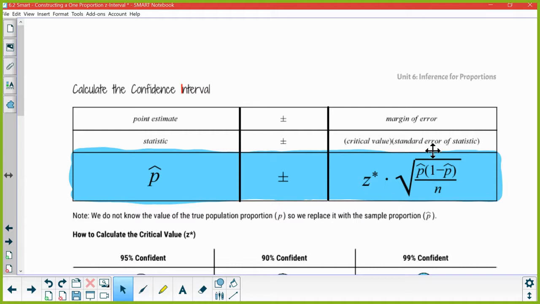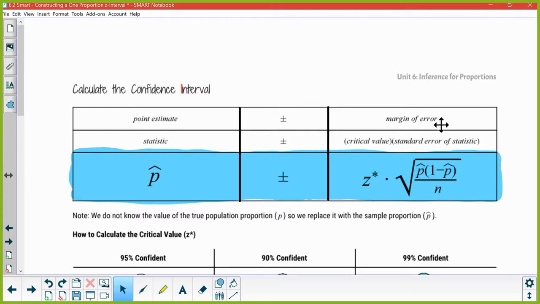But the actual calculation you are going to use for one proportion confidence intervals is p hat, your sample proportion, plus or minus z star, which is going to be a critical value. It's a z-score that tells us the cutoff points for our shaded probability region, times the square root of p hat times 1 minus p hat, all over n.